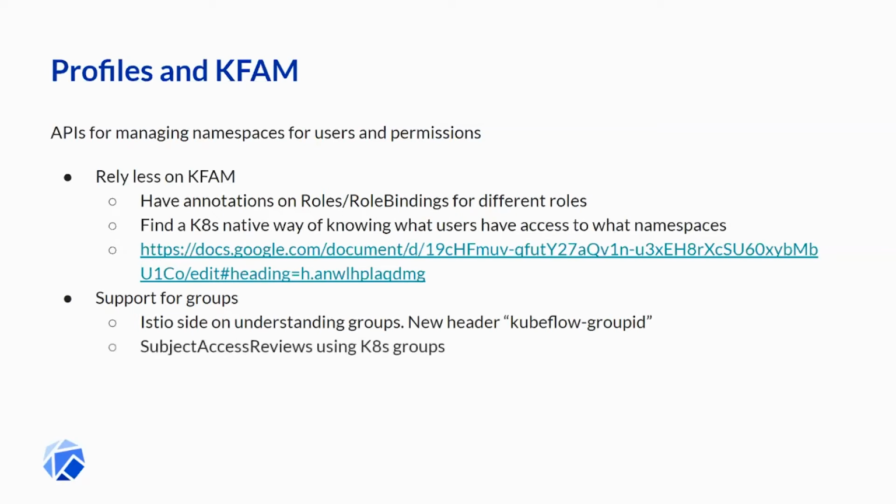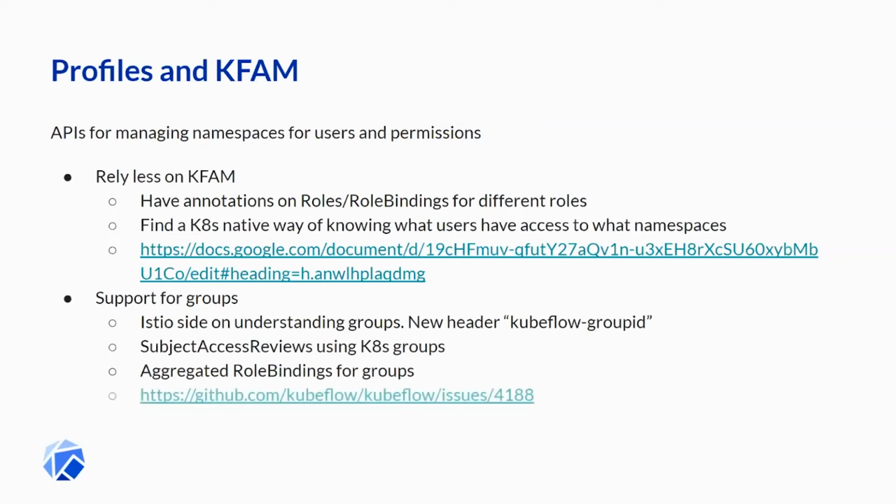This will also require us to extend our web apps security to perform subject access reviews, to ensure that we're filtering based on groups and not just specific users. And we also will need to think a little bit more about how we're handling our aggregated roles and specifically role bindings for groups. So I'm also going to be mentioning some of the issues where we have these discussions, and you can click on them after we share the slides.